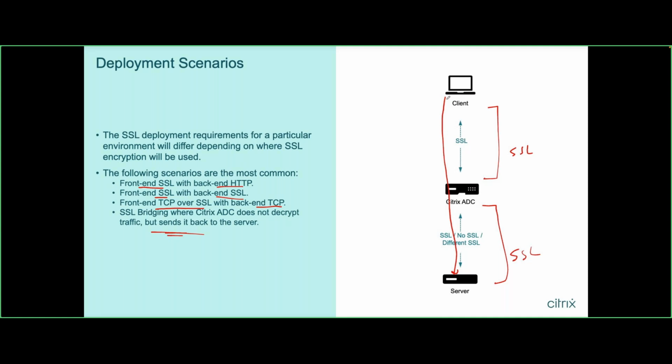And that is the thing with the wildcard: because your ADC is using the same certificate and your server is using the same certificate, you will not know whether it's bridging. You will not see a difference in the certificate unless you decided to use a separate certificate for that service, not a wildcard.